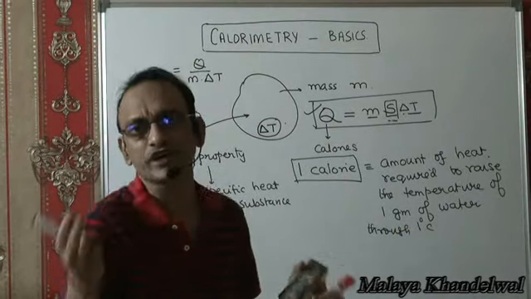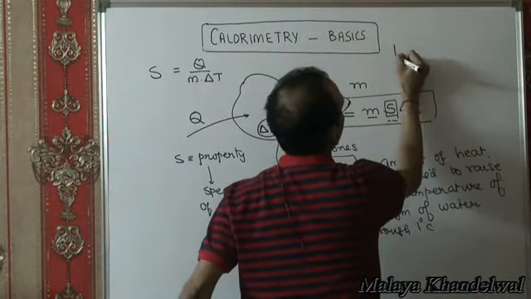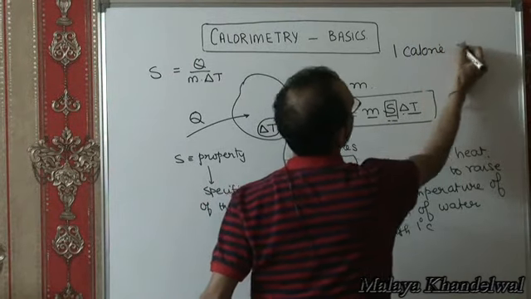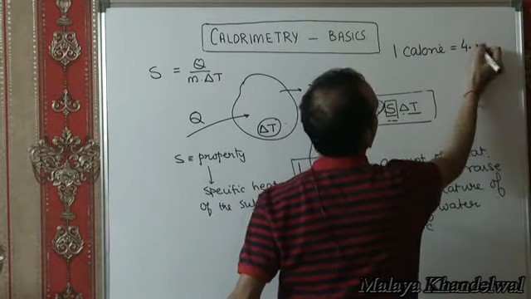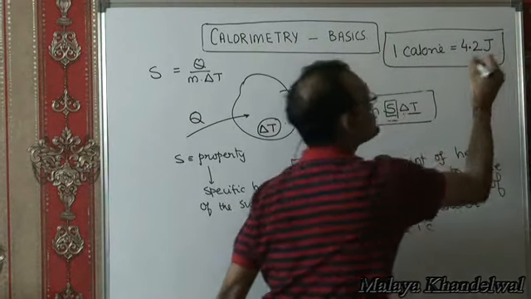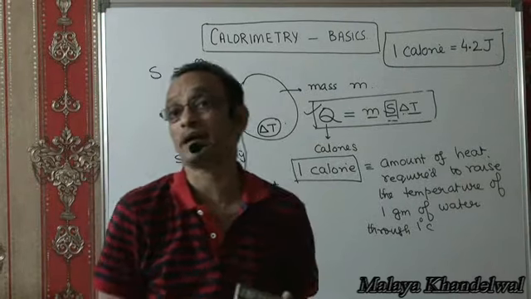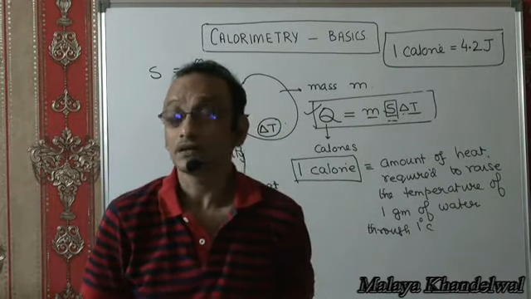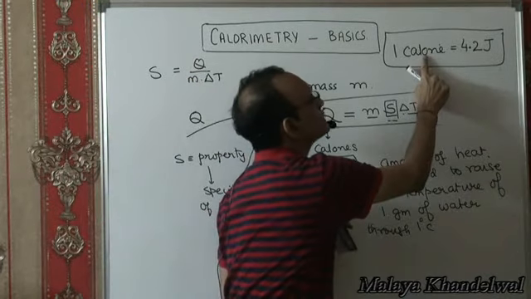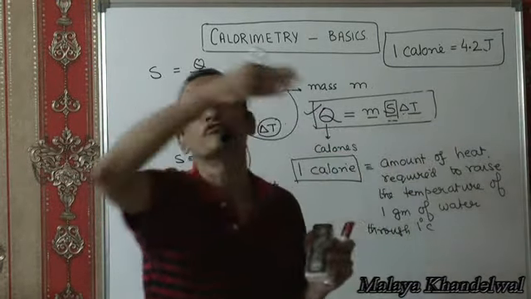The equivalent of calorie in joules is given by 1 calorie is 4.2 joules. This quantity 4.2 is said to be the mechanical equivalent of heat. It translates the unit of heat into the unit of work or energy.